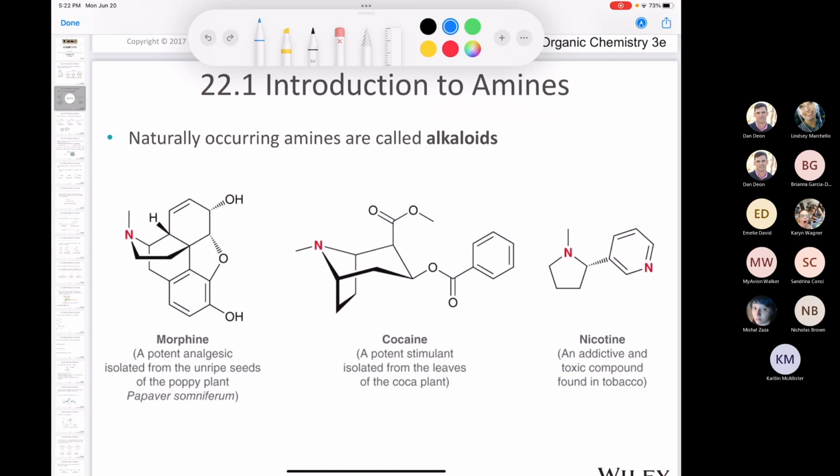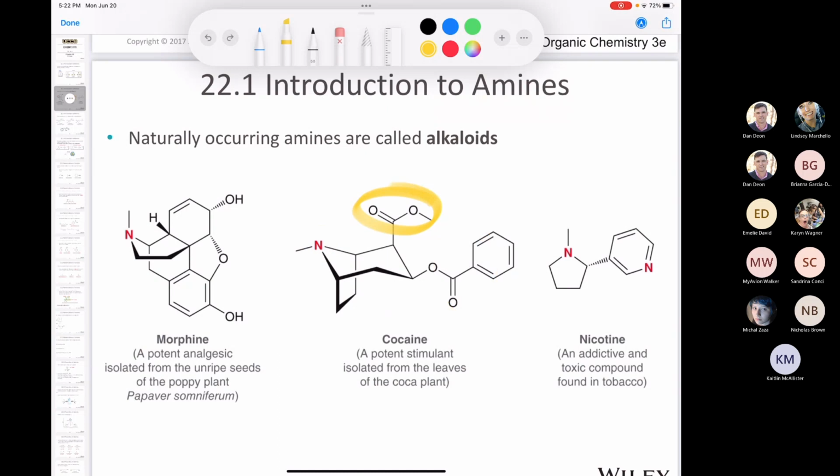For example, morphine, you can see that morphine has a nitrogen in it, and we know that morphine is very commonly used as an analgesic in hospitals, for people who are suffering. Cocaine, if you look at the structure of cocaine, it's actually not that complex of a molecule. It's got this bicycle here, and there's a nitrogen in the bicycle, and then it's got a methyl ester here and another ester over here.